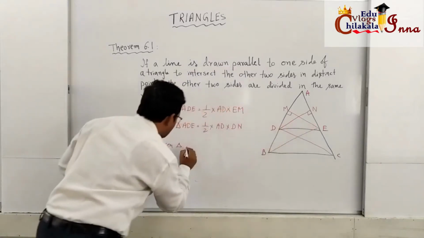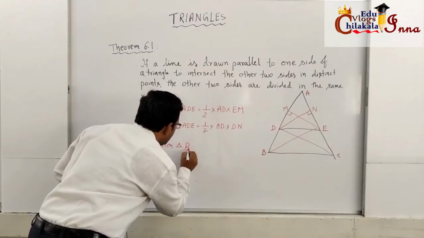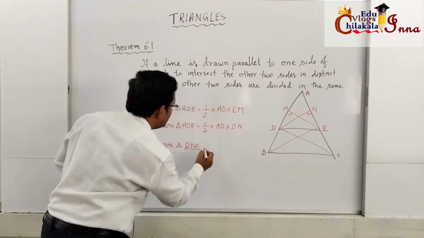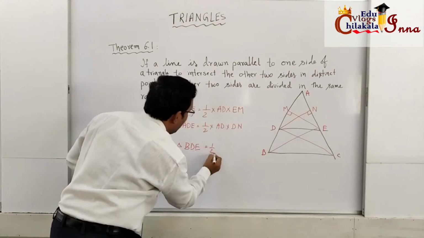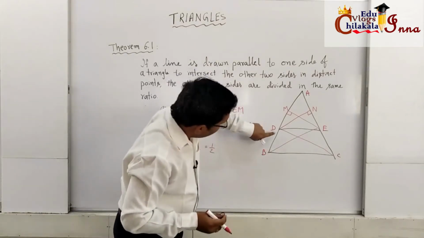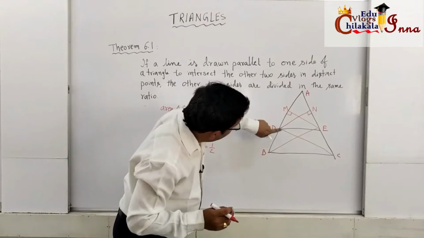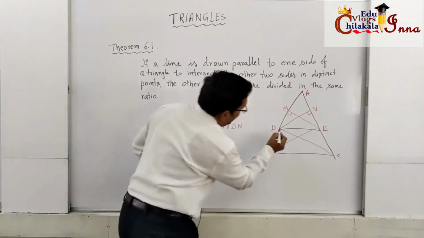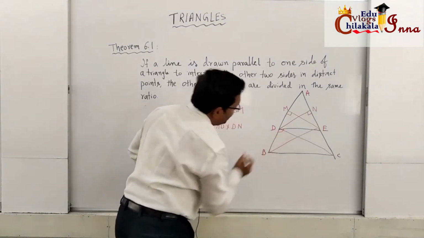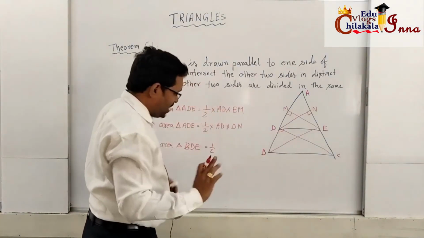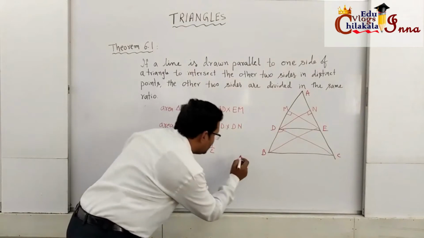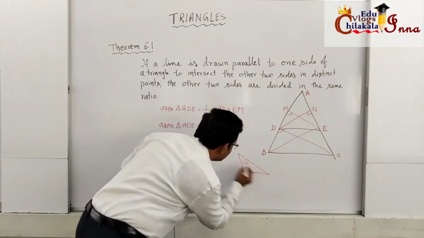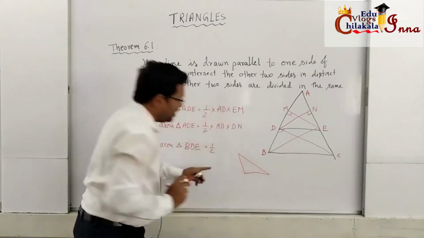Very good. So now give me the area of triangle BDE. Look at the triangle BDE. BDE is an obtuse angle triangle. Just imagine this is an obtuse angle triangle.